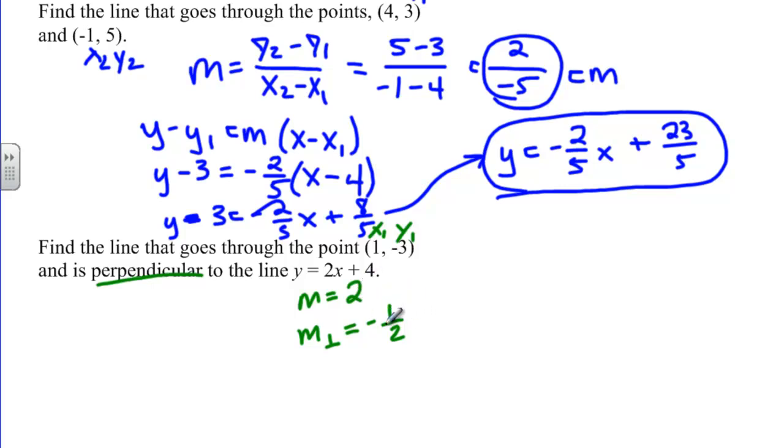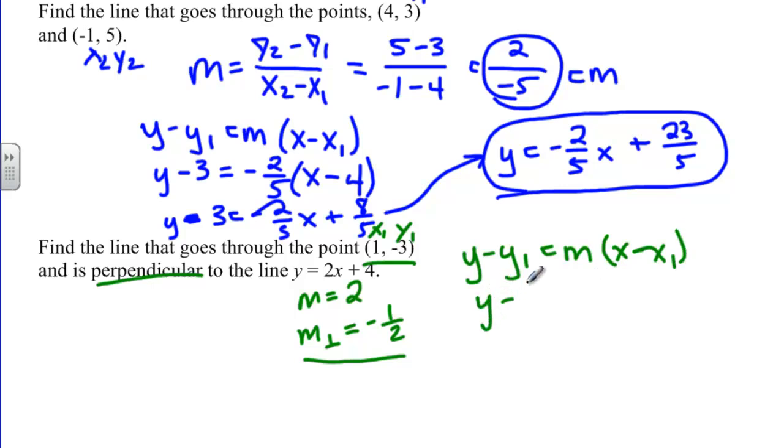So now I have this slope and this point. Point slope form comes in handy once again. y minus y1 equals m, x minus x1. So then I put in what I have: y minus -3 equals -1/2 x minus 1.